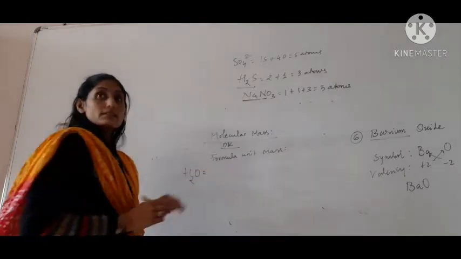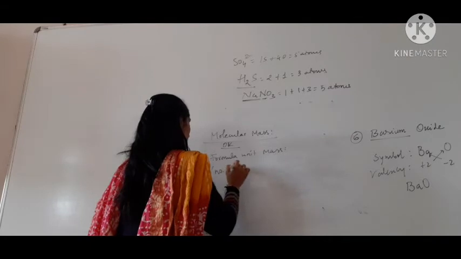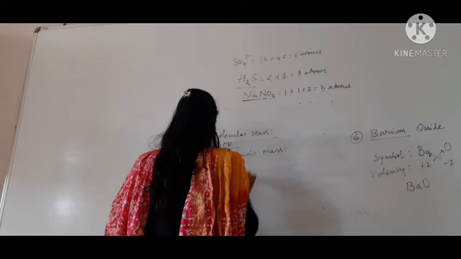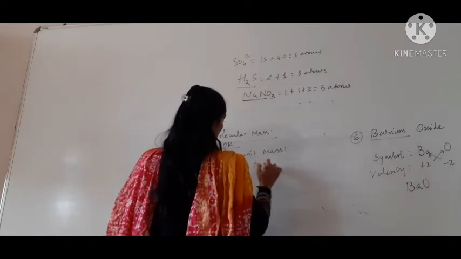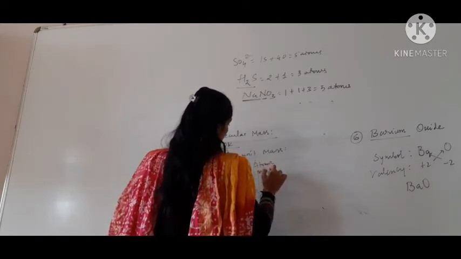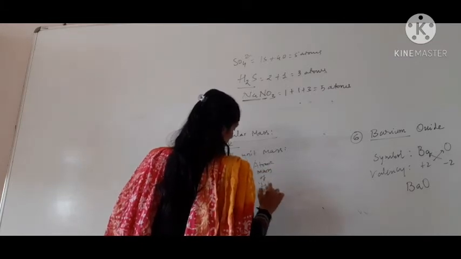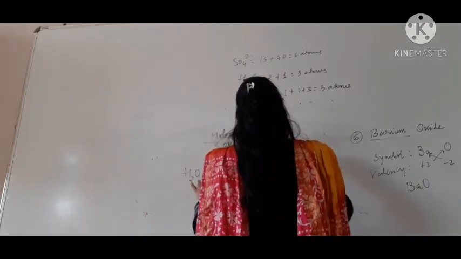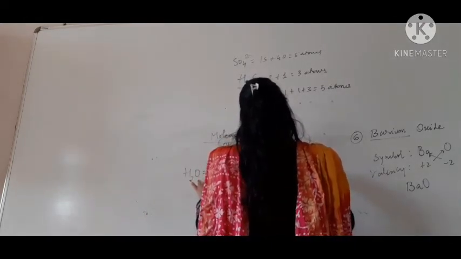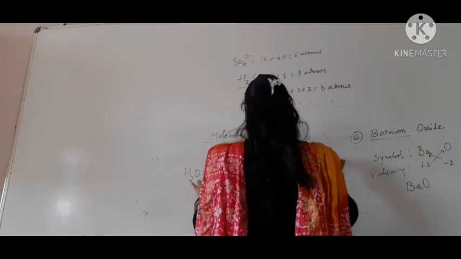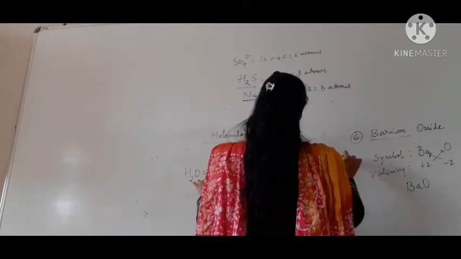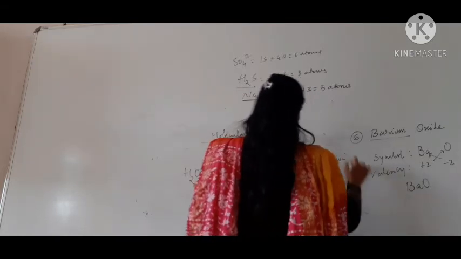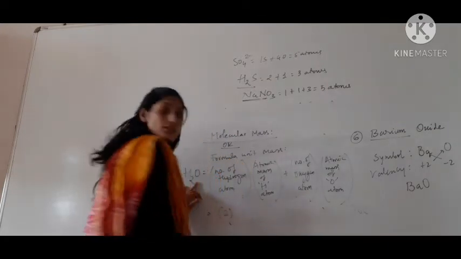So what we are writing is: number of hydrogen atoms into atomic mass of hydrogen atom, plus number of oxygen atoms into atomic mass of oxygen atom. So here the number of hydrogen atoms is 2.